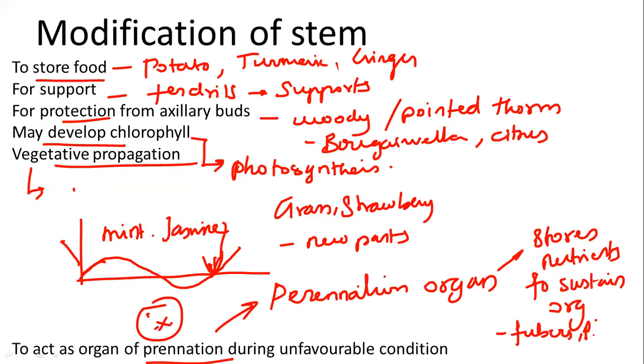Tubers and rhizomes are examples of these perennating organs. Remember this point, guys: perennating organs are the organs which store nutrients to sustain organisms during unfavorable conditions.